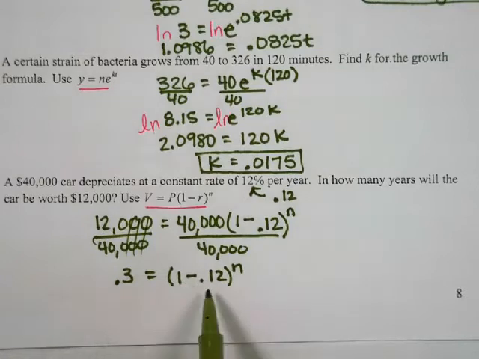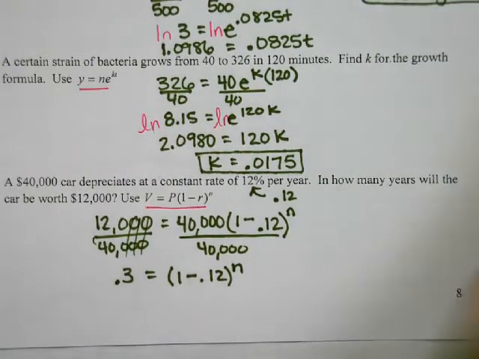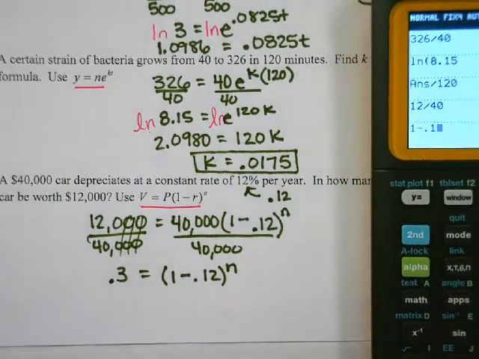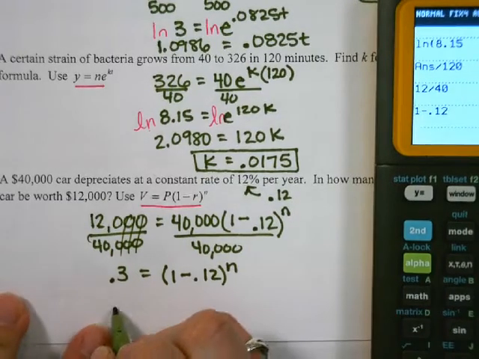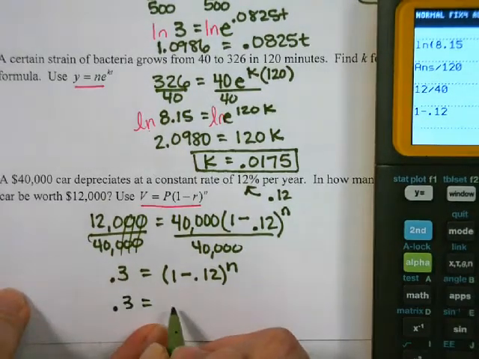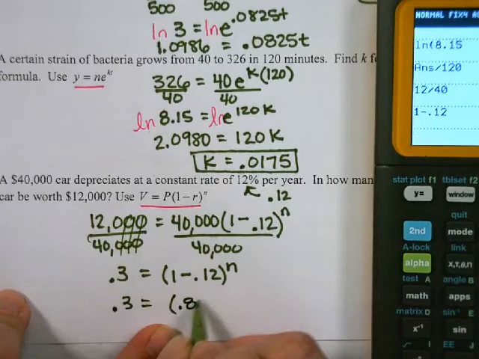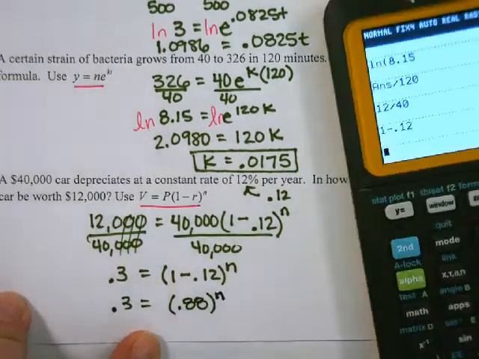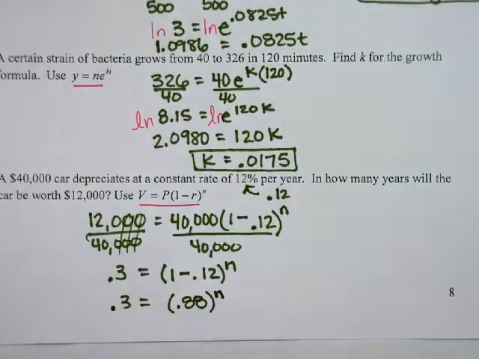I can take 1 minus 0.12. Okay, so I get 0.3 equals 0.88 raised to the n power. Now what?